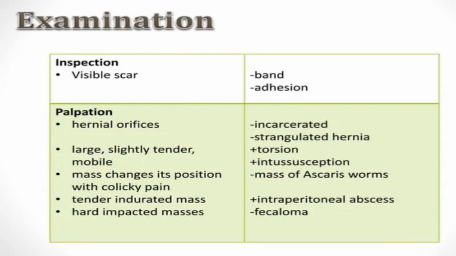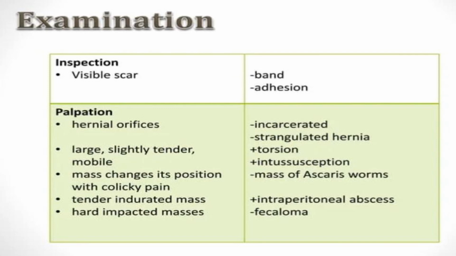When you're going for the examination of the patient with intestinal obstruction, you have to look for the visible scar, which shows the cause as a band or adhesions. Then on palpation, you will see the hernial orifices. Then you will see is there any mass palpable, which, if the mass is slightly tender and large, shows there is some torsion or intussusception.